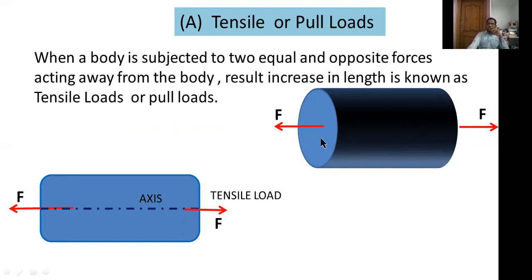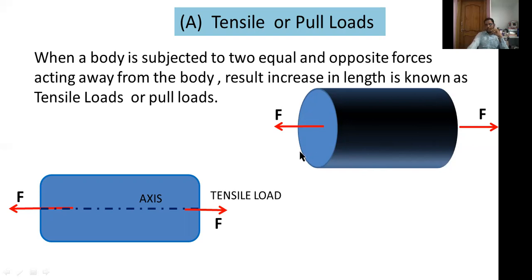These two forces are acting along the axis of the object. When these loads are acting on the body, the length of the object may increase due to the action of these two loads. These types of loads are called tensile loads.